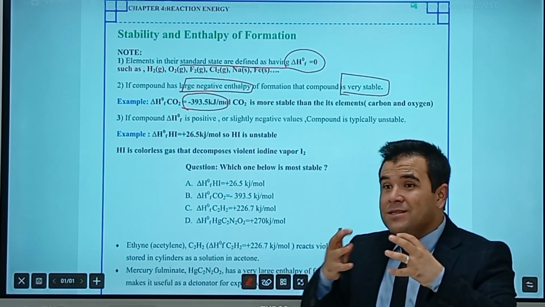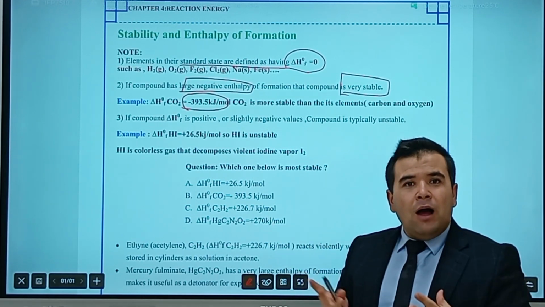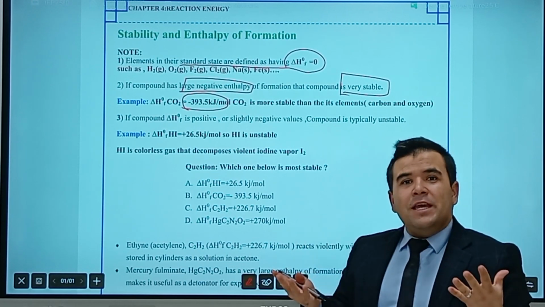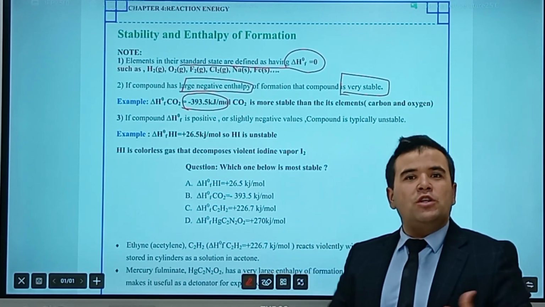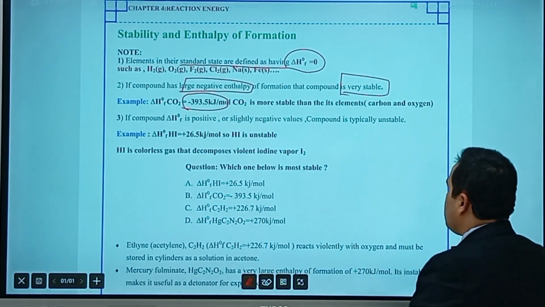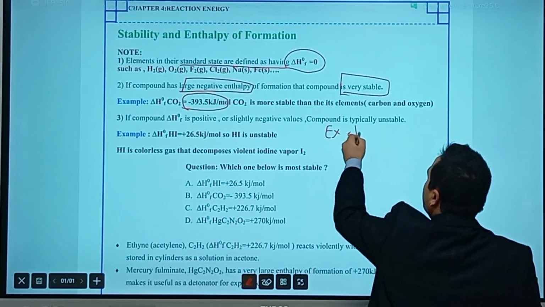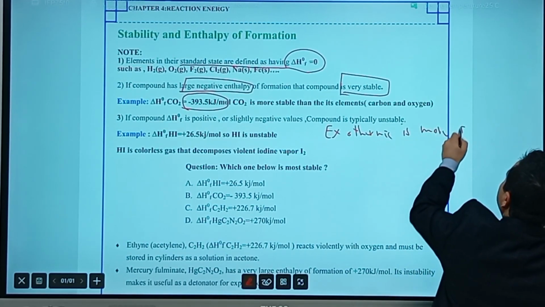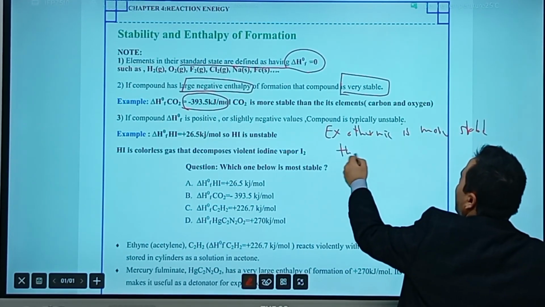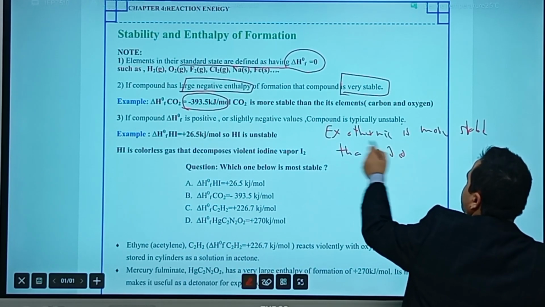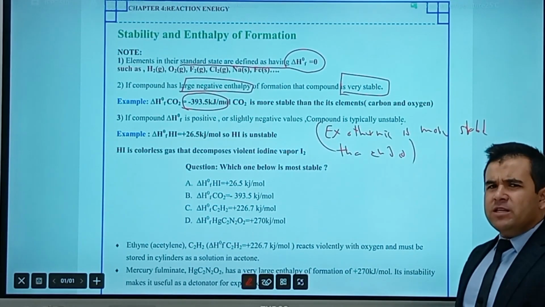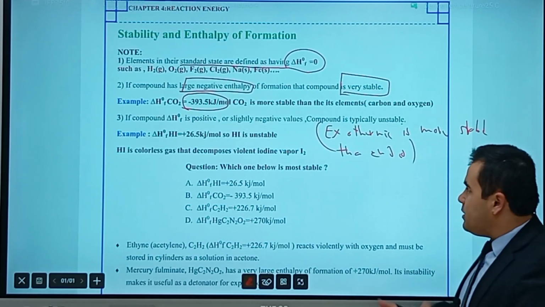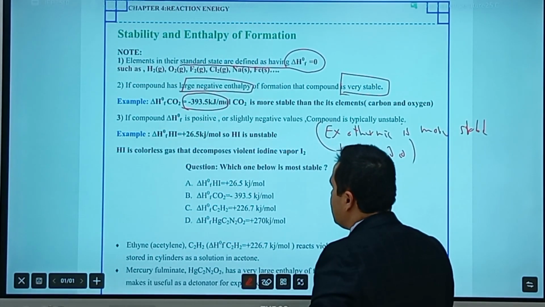Because exothermic means the system releases or emits heat. Whenever it releases heat, energy reduces in the system, so it becomes more stable. So we can say that exothermic is more stable than endothermic. The endothermic is not stable. Why? Because we add heat to the system. As we add heat to the system it becomes more unstable.